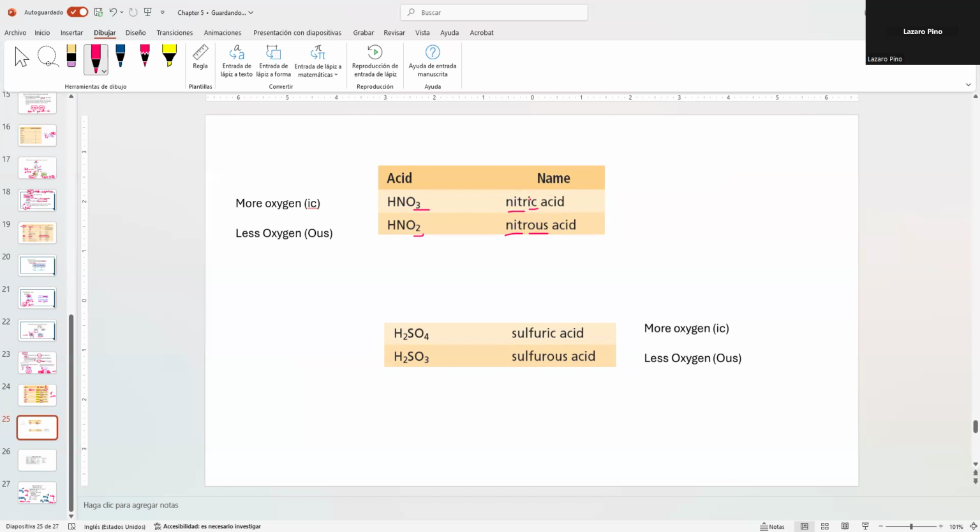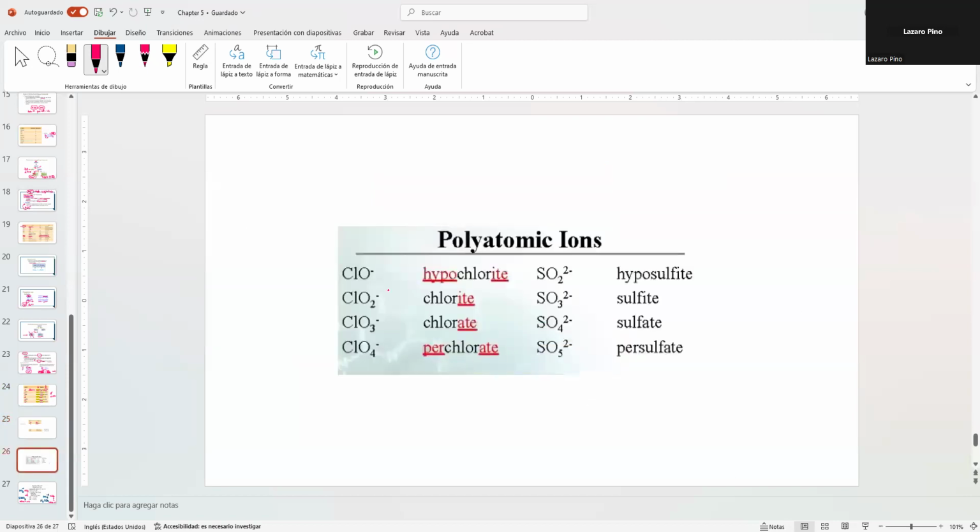That's why here is nitric acid or nitrous acid. Here in this case is sulfuric acid, more oxygen, ic, or sulfurous acid, less oxygen, ous. Well, but there are some complicated ones that have a lot of different combinations with different numbers of oxygen.